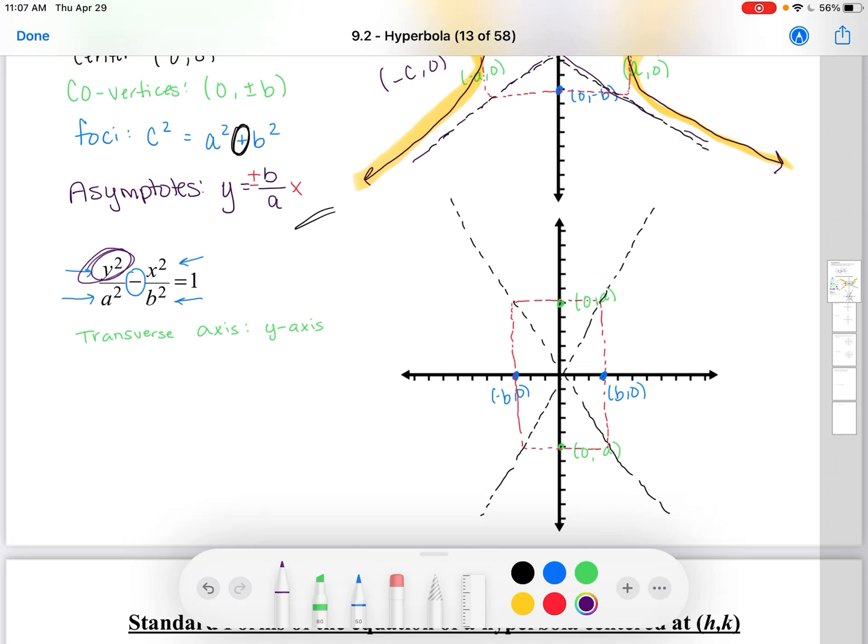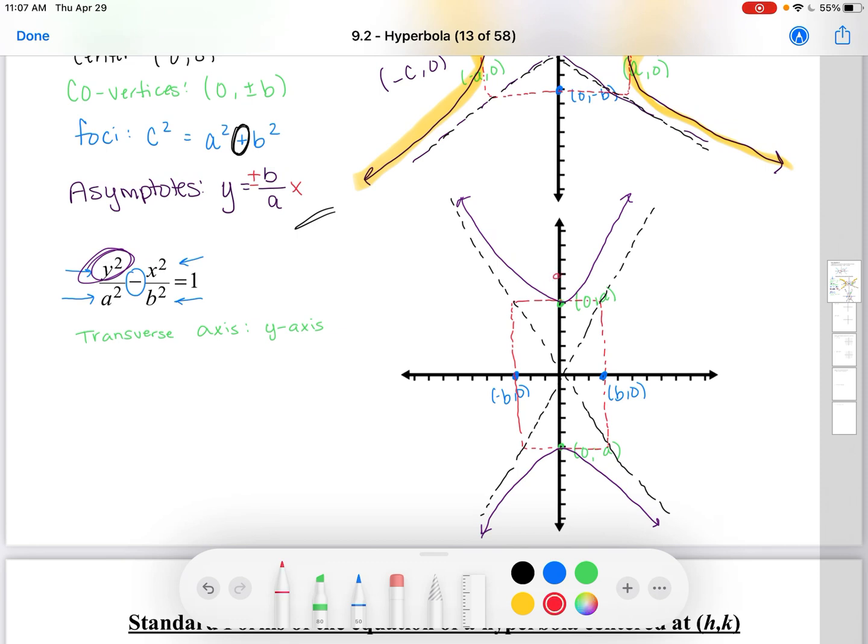This time I need to be graphing the y-axis, as that is my transverse. So my vertex is going to land on the 0, a and go back up. And then it's also going to come in and hit 0, negative a and go back down.